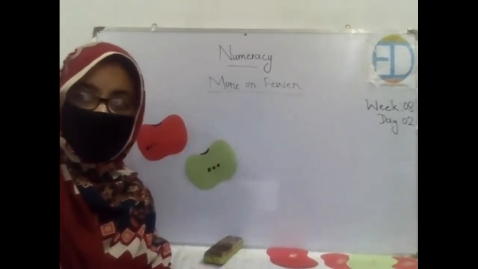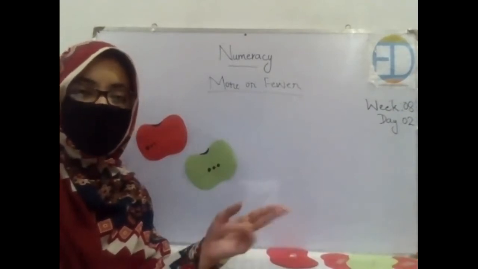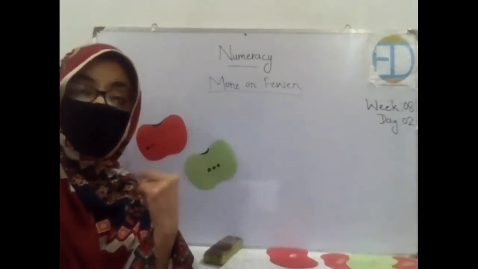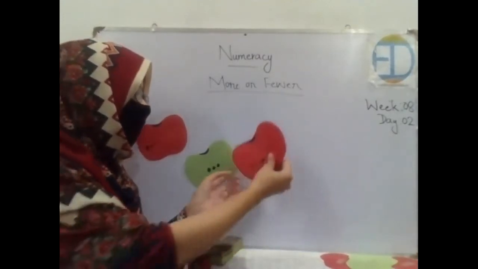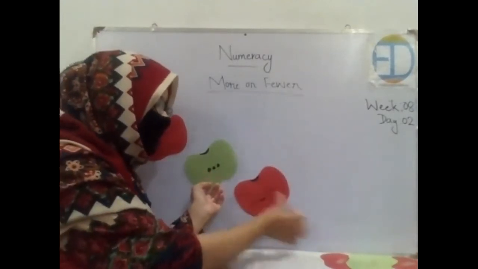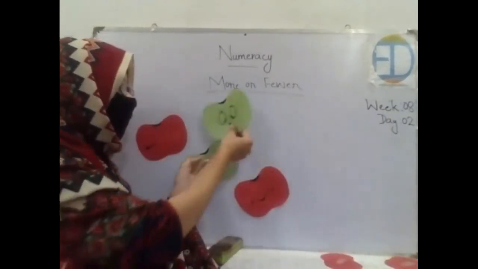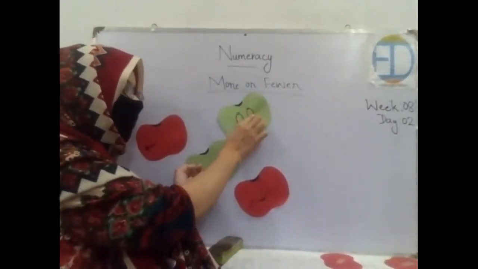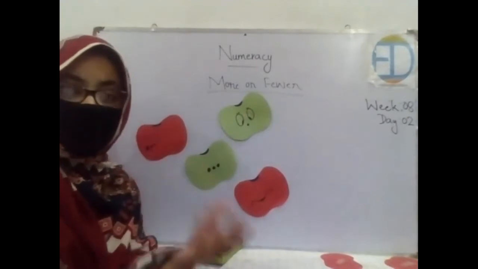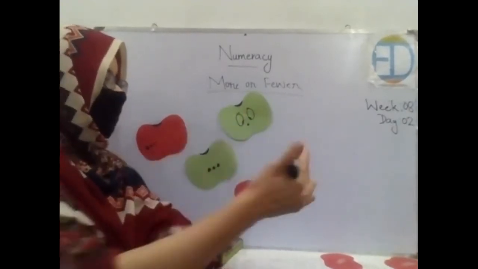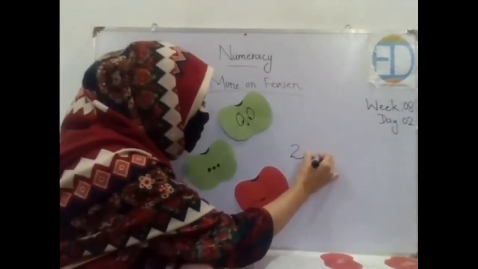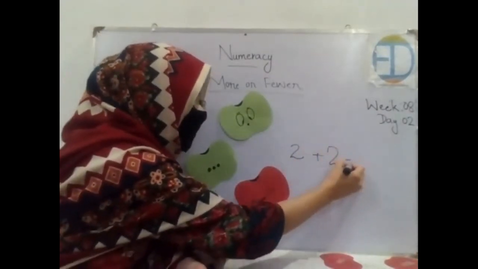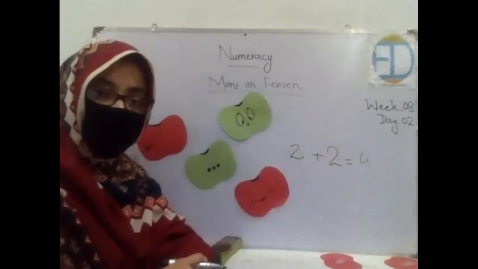Now, two other people have joined you, so you will be needing two more apples, right? When you say that you need two more apples, the number of apples has increased. Previously, they were only two, right? Now you have added two more into them, and the total number is four.